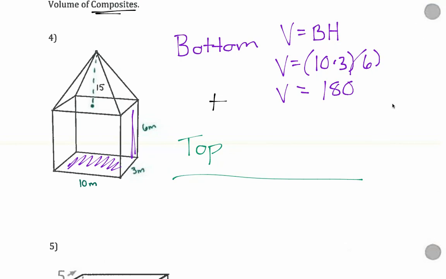The top is a pyramid. So it's going to be base times height divided by 3. The base of that pyramid is the same rectangle that we had below. So it's again going to be 10 times 3. The height is 15.